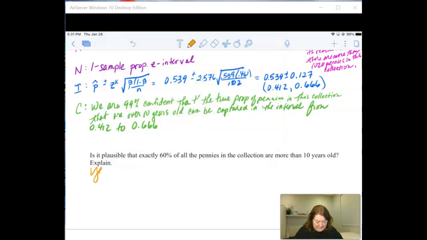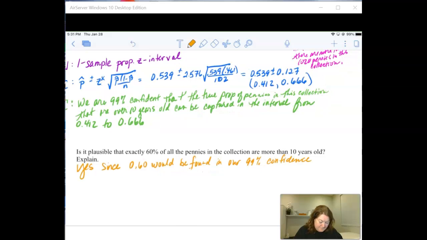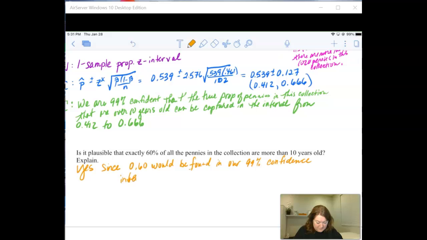So we would say yes, since 0.60 would be found in our 99% confidence interval from 0.412 to 0.666, it would be plausible, right? So I'm saying, yes, it would be plausible since that number would be found within our interval.